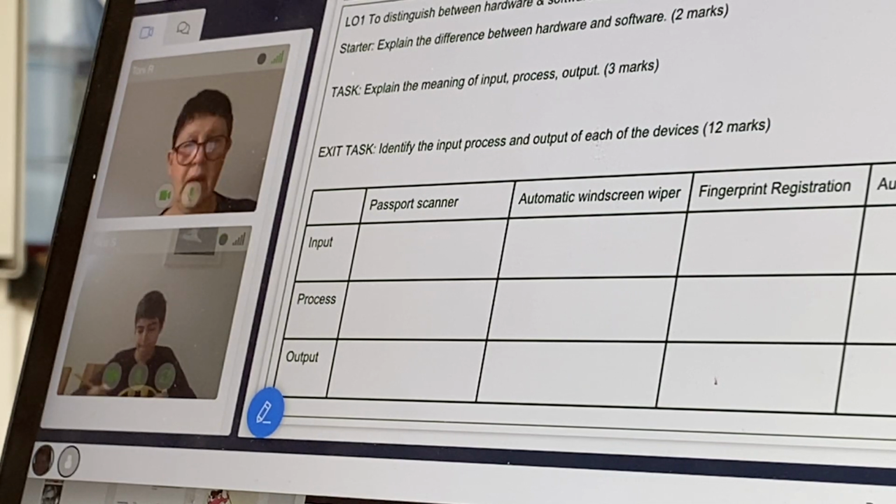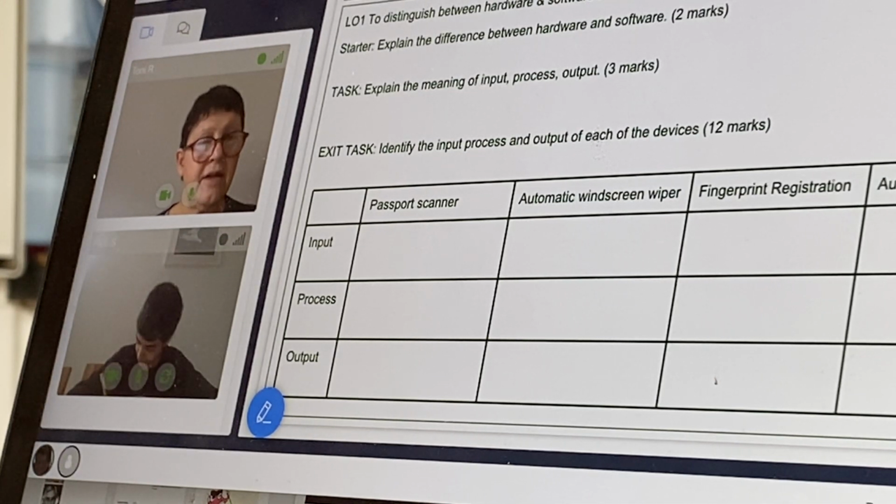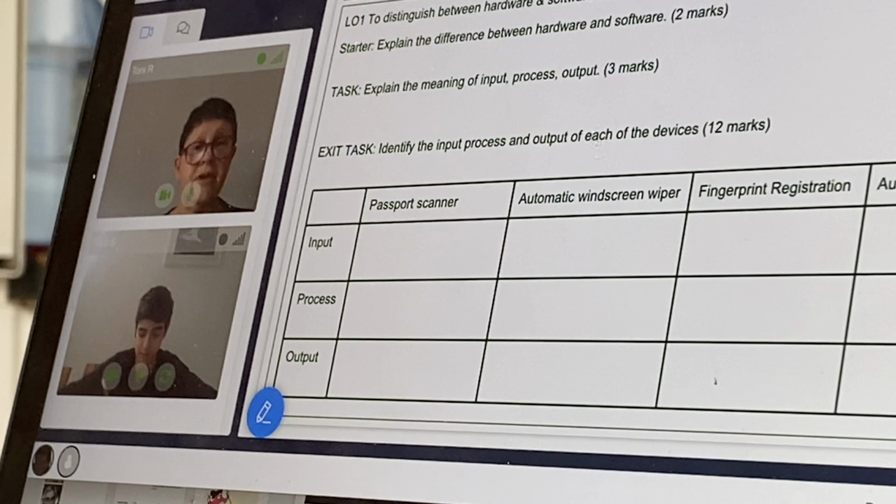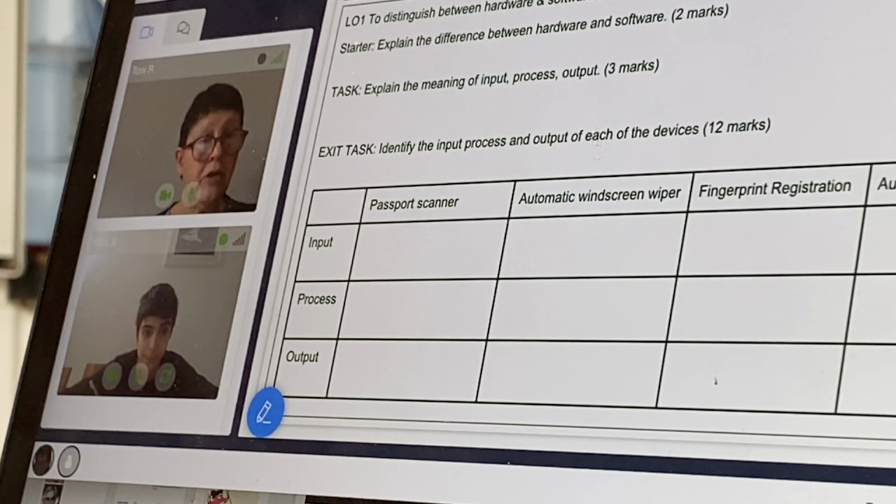Yes. Okay, now on the windscreen wiper, what was the input? That S word that you wanted to say. Scan. No, the other S word. Senses. Good. So a sensor. Senses water.